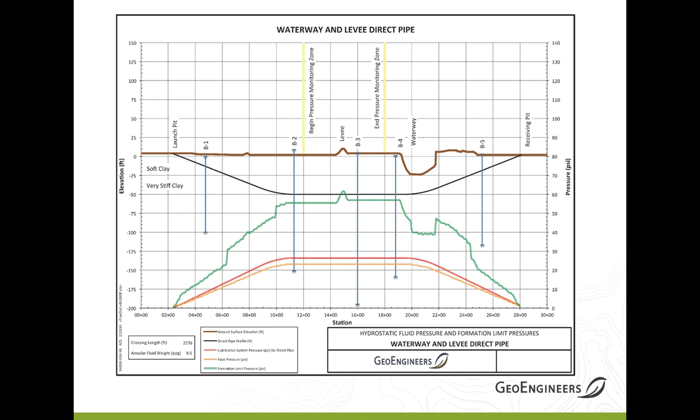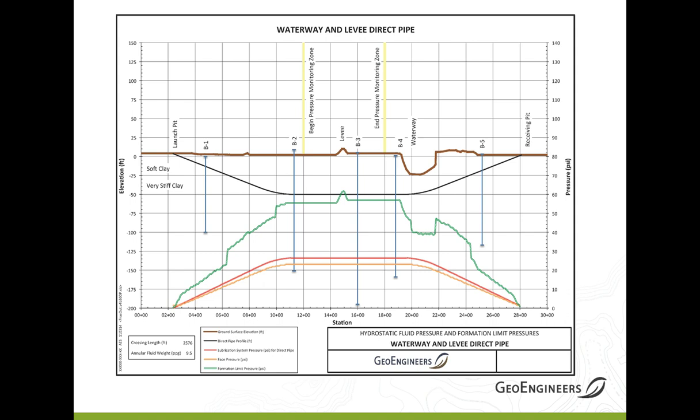If we change it to a direct pipe and we calculate the pressures from both fluid systems, both the slurry feed and return systems, which we can actually run at or just slightly below the surrounding groundwater pressure. So that's how we figure that pressure.